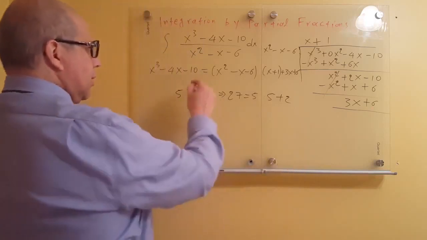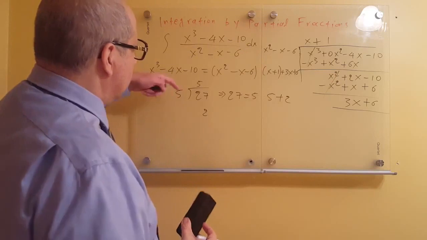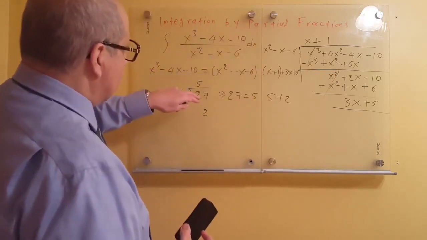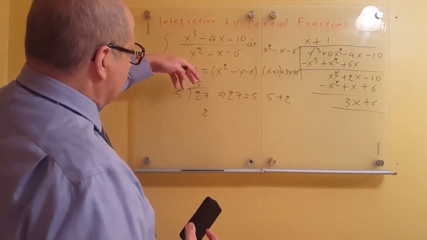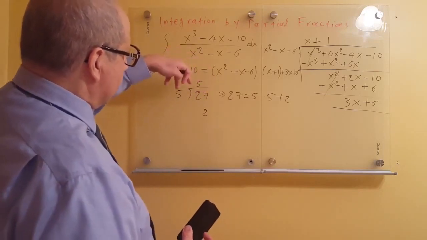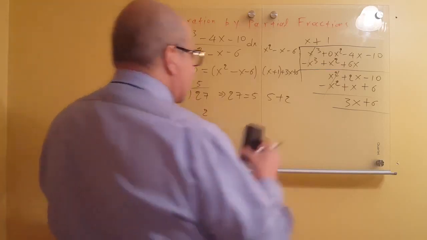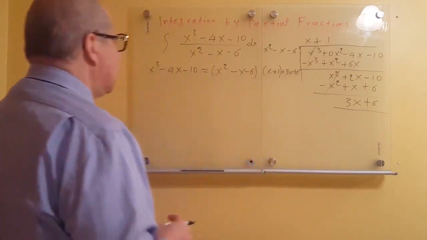It's like the analogy from numbers to polynomials. So you always write the dividend equal to the divisor times what you find, plus the remainder. Just to make sure that you understand what I'm doing.